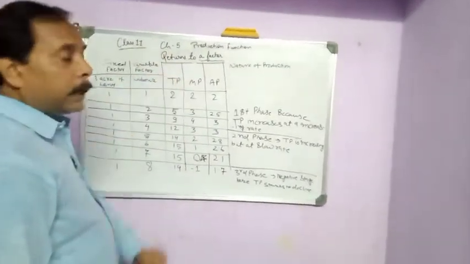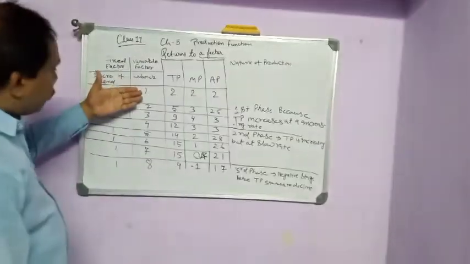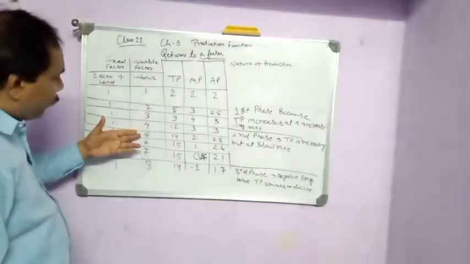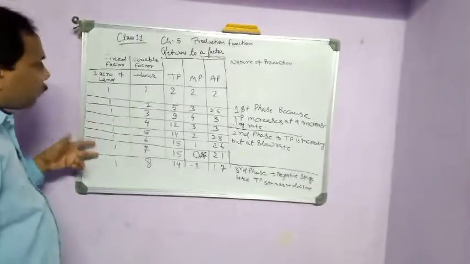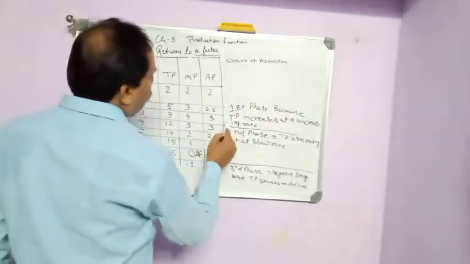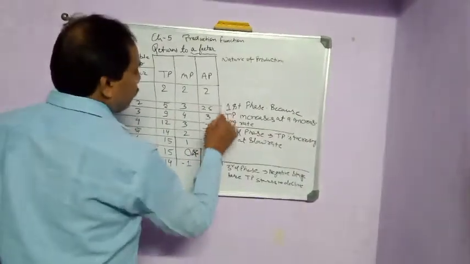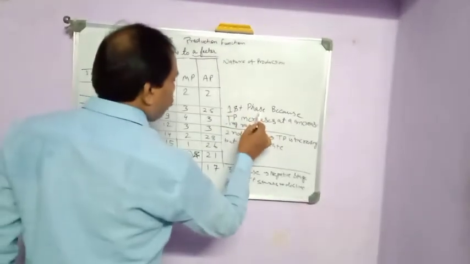Returns to a factor states that when we continuously increase the variable factors over the fixed factors, the total production initially increases, up to the first phase.